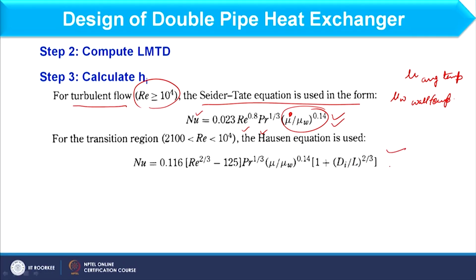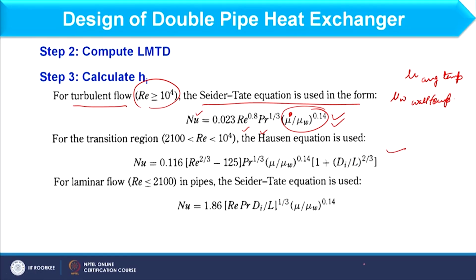And further, if I am having laminar flow where Reynolds number is less than or equal to 2100, we will consider the Sieder-Tate equation again, but the equation will be slightly different because here Nusselt number is a function of di by L along with Reynolds number and Prandtl number. Okay. So, according to the type of flow, you can apply the respective equation to calculate the heat transfer coefficient at the inner side of the pipe.